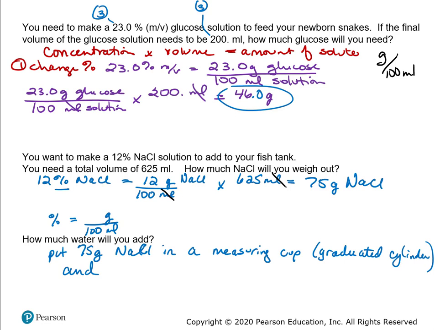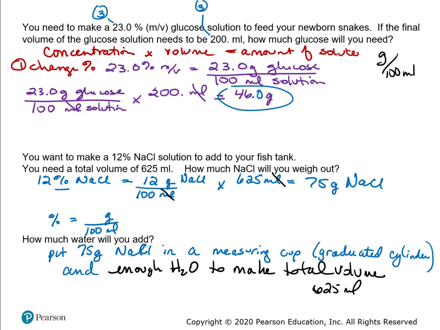I put 75 grams of sodium chloride into a measuring cup or a graduated cylinder, and I would add enough water to make the total volume 625 mils. Do you see that I wouldn't actually add 625 mils?